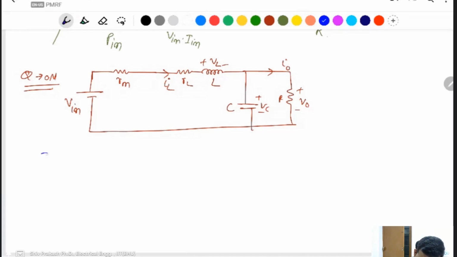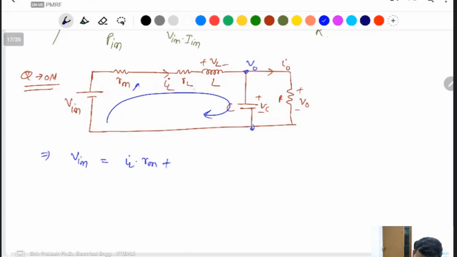You can apply KVL in this circuit like that. This one is the V output. At that terminal, take V output directly. Then we find that V in is equal to I L into R on, this voltage drop, plus I L into RL, this voltage drop, plus VL, plus V naught.